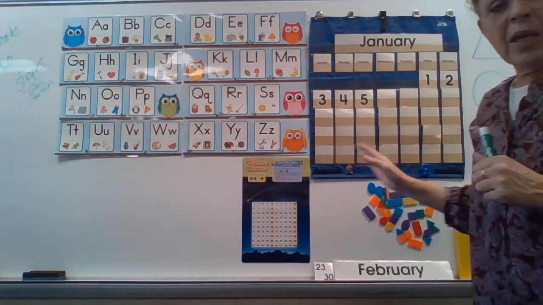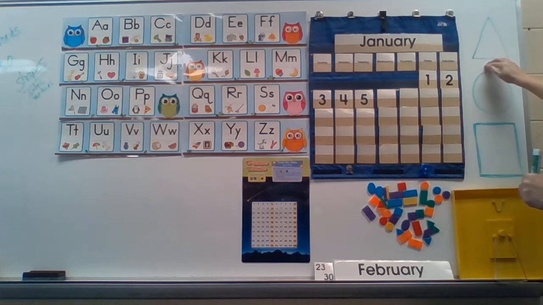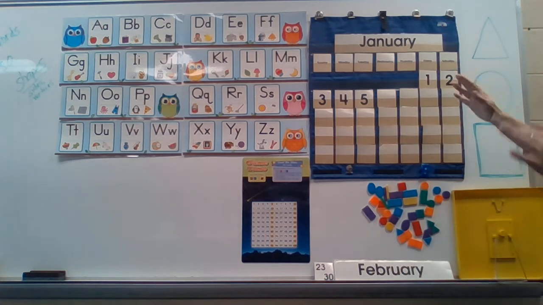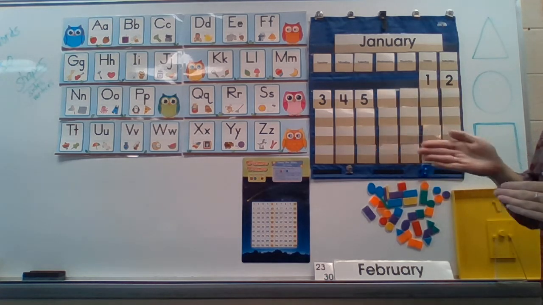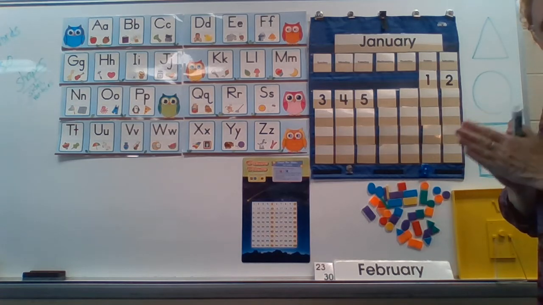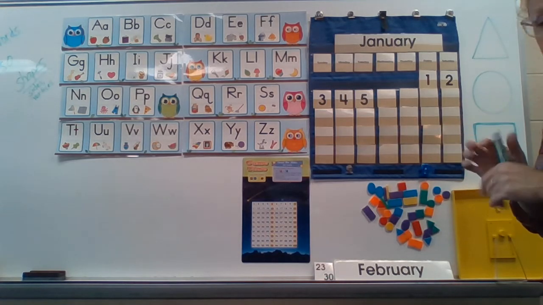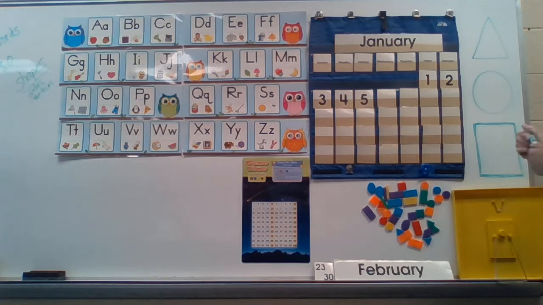All right? So let's look at the triangle. Now, sides are straight lines. Anything that has a straight line is a side. So let's count the sides on a triangle. I'll just number them as we go. So there's 1, 2, 3. 3 sides. A triangle has 3 sides.